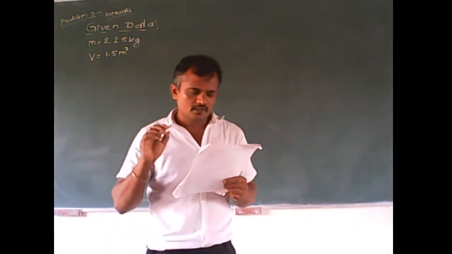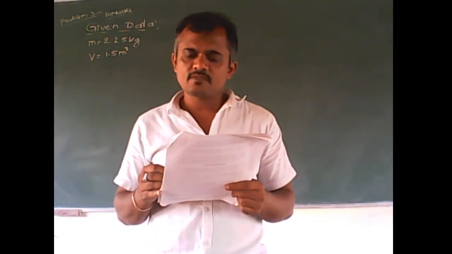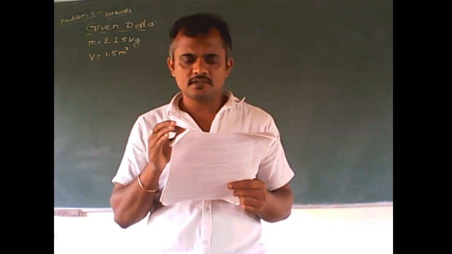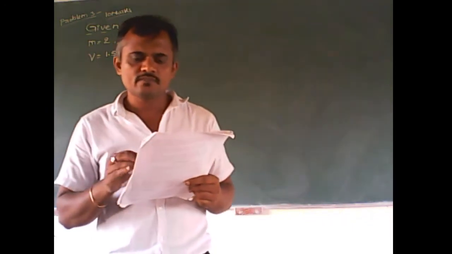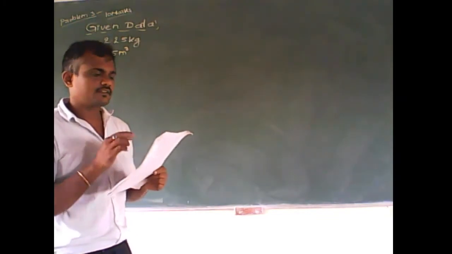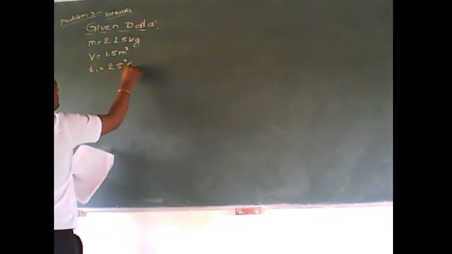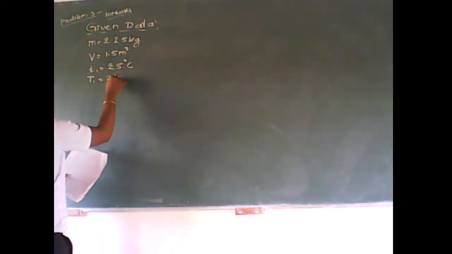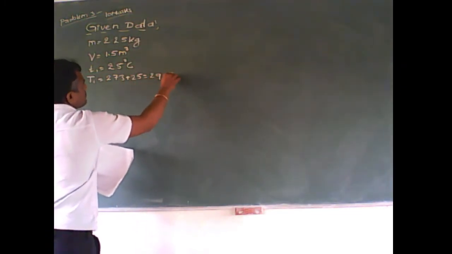As you know, in this we have to consider it as a constant volume. I mean the volume of that nitrogen which is occupied will not change. So it is taken as a constant volume process. 25 degrees Celsius I will take as T1, 273 plus 25, it becomes 298 Kelvin.